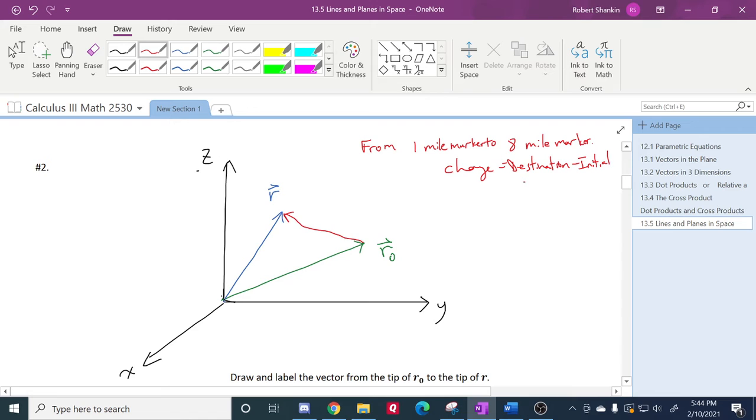And so it would be 8 minus 1. If I went from the 8 to the 1, my change would be 1 minus 8, negative 7 instead of positive 7. So we always have to go destination minus initial.